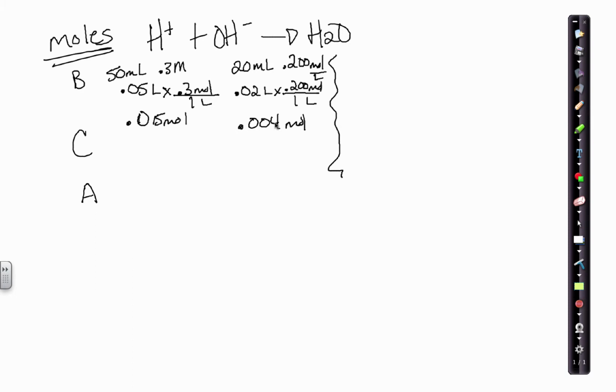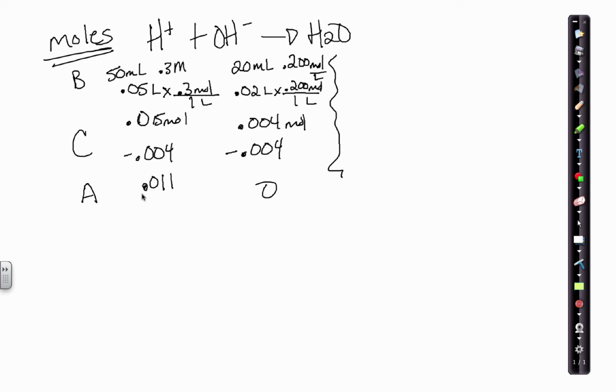This is a smaller number. Hydroxide will get consumed in this reaction. So I'm going to take away 0.004 from both. All right, so this minus this will give me 0. This minus this will give me 0.011.